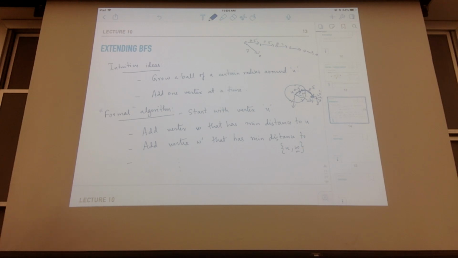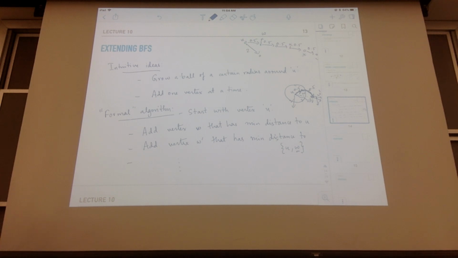So this is a good example to test your understanding of the algorithm. This is U. First you would find that this needs to be your W that you run first. And then you realize that these vertices are not even in consideration.